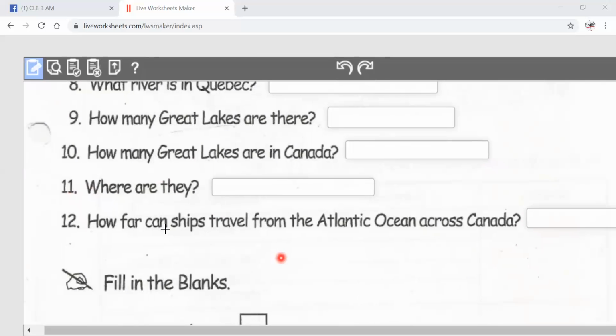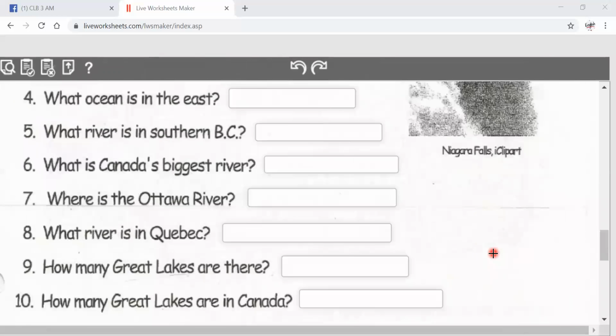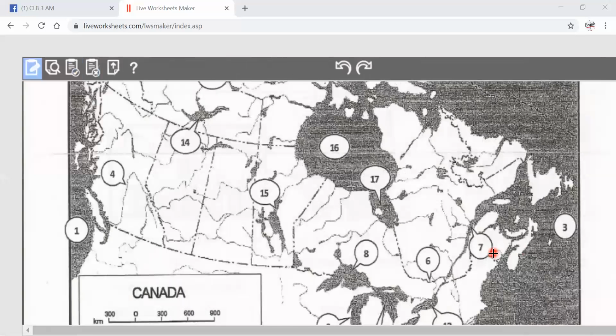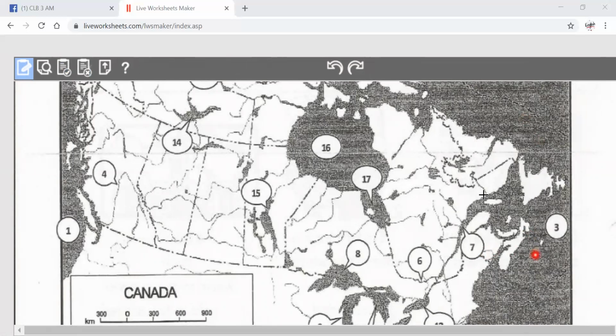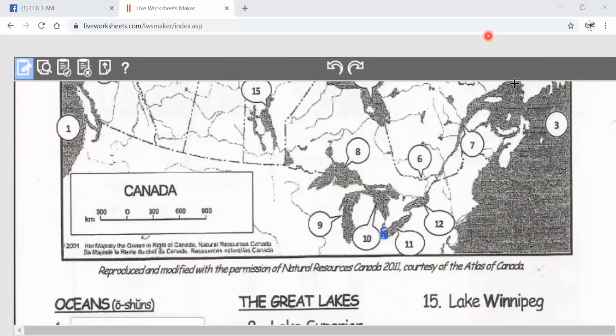And number 12, how far can ships travel from the Atlantic Ocean across Canada? So if you look here, Atlantic Ocean is on this side, and across Canada means going across like this. So if you look here, we have a little bit of a scale to show us how many kilometers across Canada is, okay? So if you would like, I can tell you this answer.